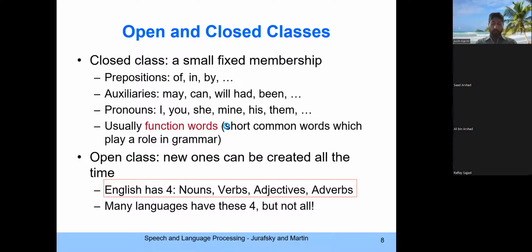Similarly, you might have new verbs coming into play. So some way of describing some action, you might have a new word for that. So the whole idea of mentioning this is that you should know that membership can change for groups, and as such, POS tagging can be ambiguous or difficult.